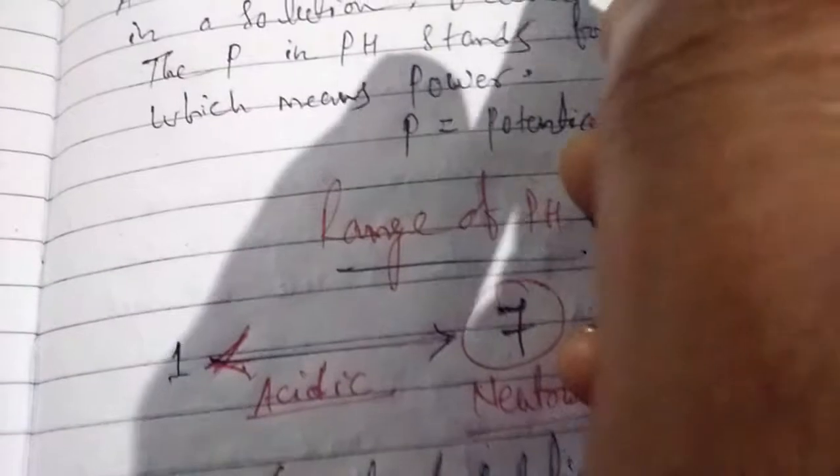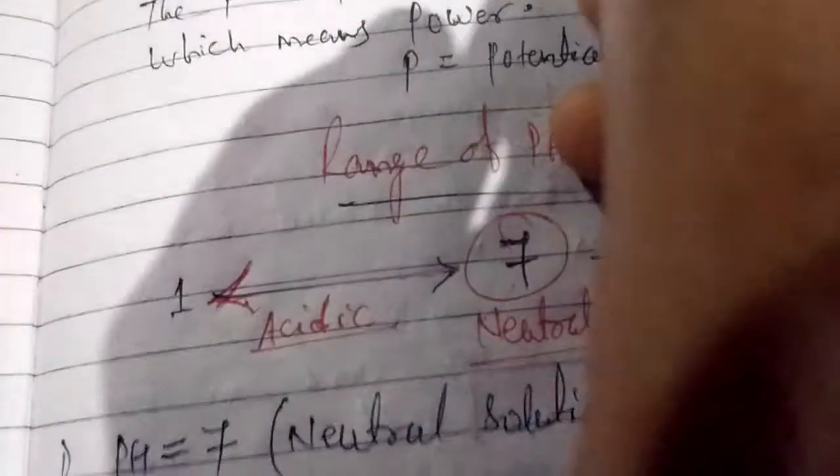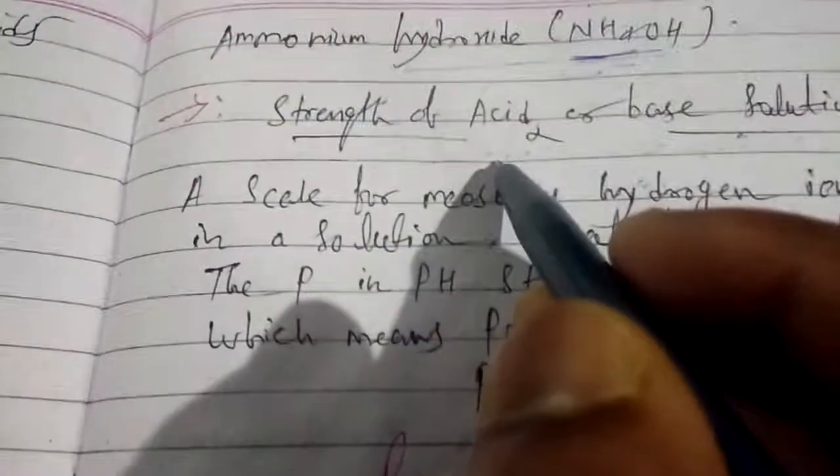Now we discuss the strength of acid or base solution. What is the strength of acid or base solution? Also we know that a scale for measuring hydrogen ion concentration in a solution is called pH.